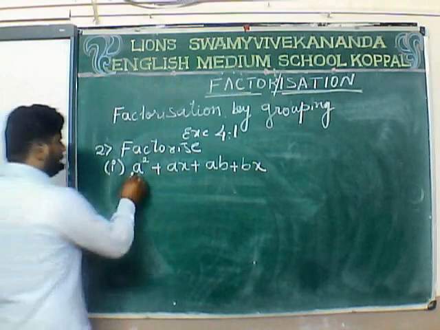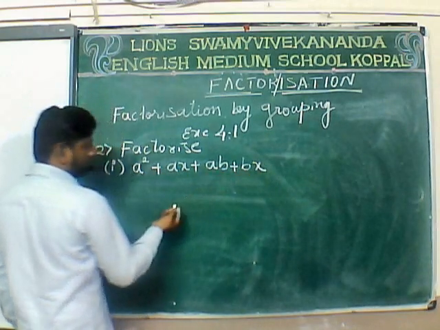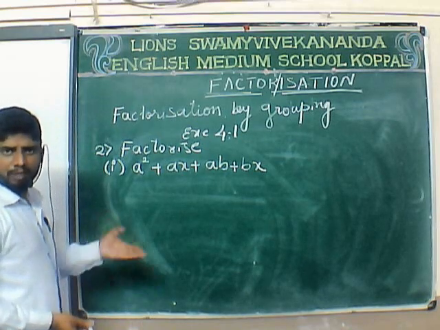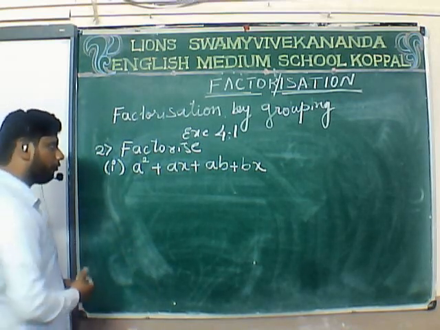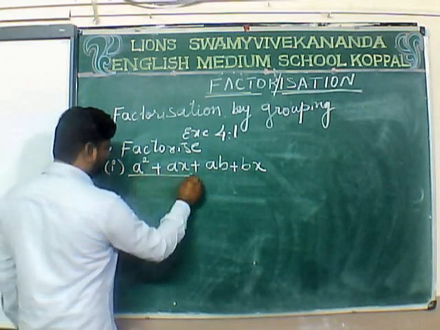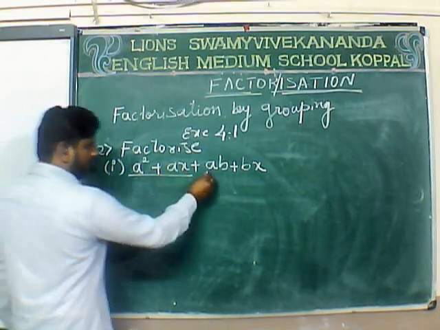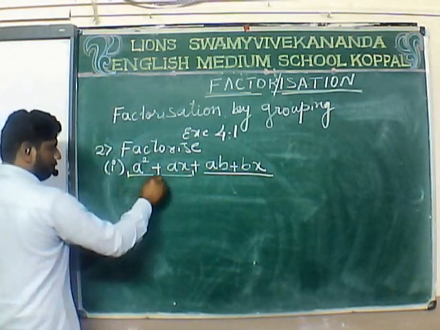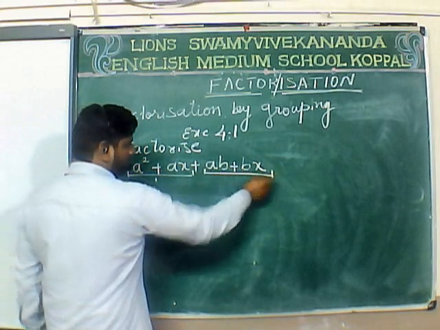Does every term have the same common factor? No. But I can see these two terms have the same common factor, that is a, and these two have the common factor b and b. So we'll make this the first group and this the second group.